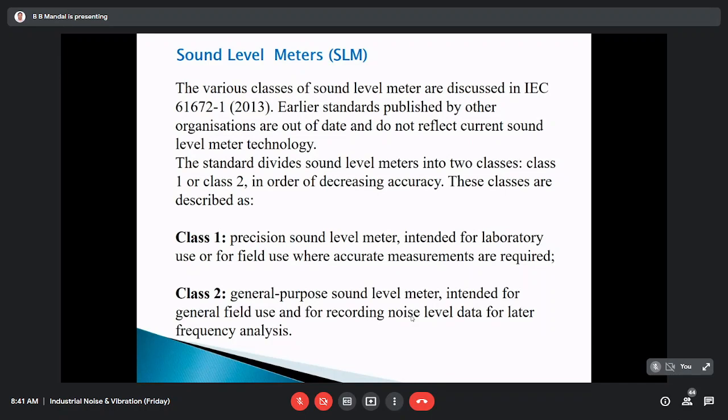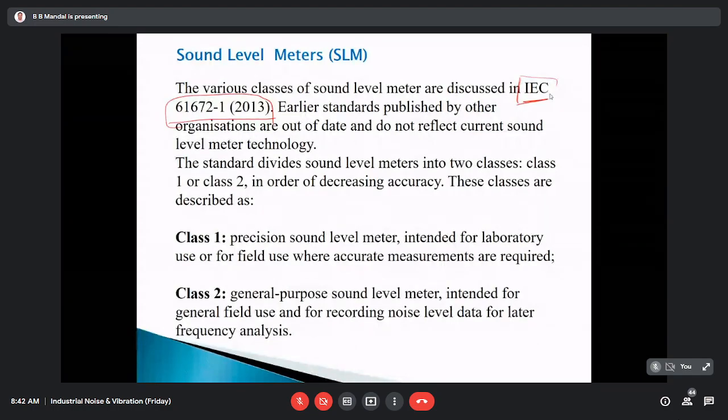The sensitivities and classes of sound level meters are included in IEC 61672 Part 1, 2013. It has been updated, that's why it is up to 2013. So what is IEC? Can you find out through Google?